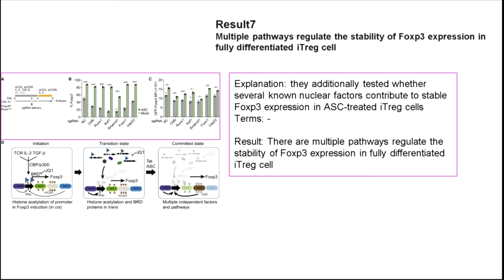They knocked down these factors using CRISPR approach and found that it impaired the stability of Foxp3 expression in mock-treated iTreg cells. They also found that ASC treatment always has an additive effect on the stability and levels of Foxp3 expression, which can suggest multiple independent pathways governing the stability of Foxp3 expression.